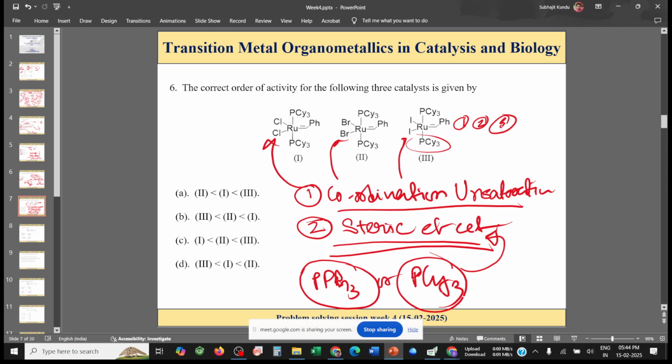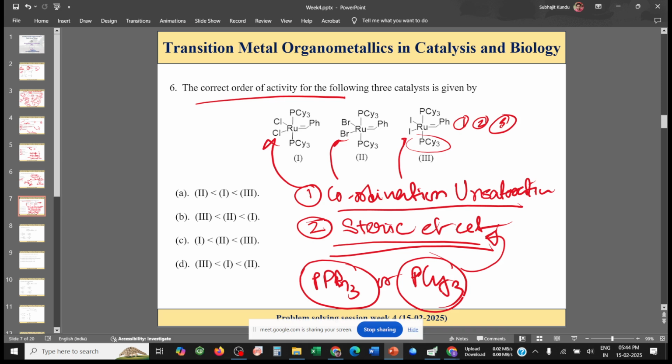Now, to remove or attack the substrate, we can see that the activity depends on the removal of the halide group.